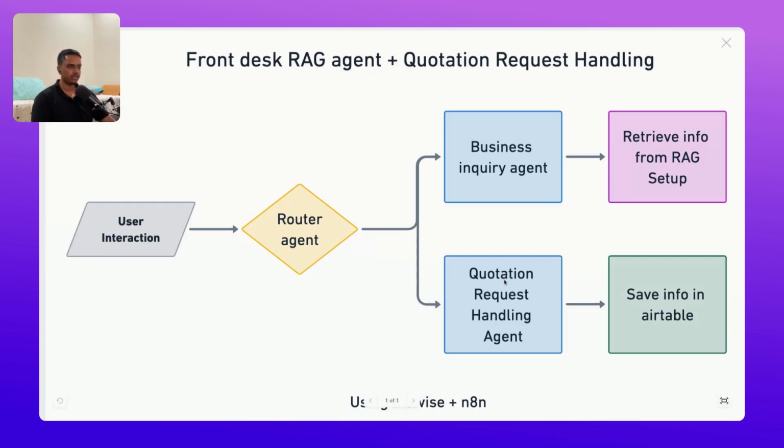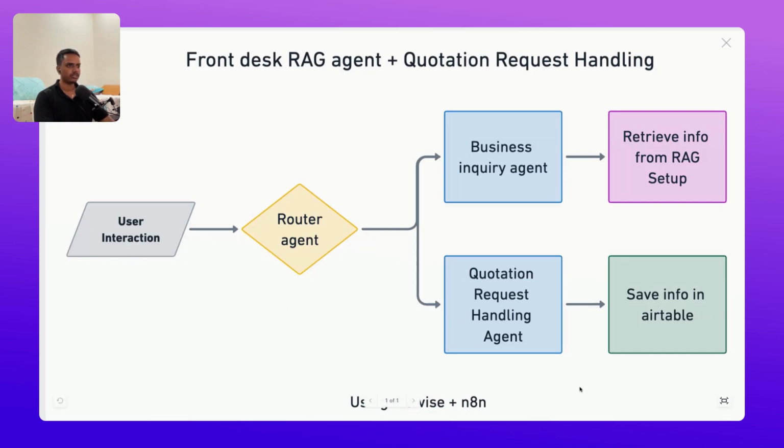It's also able to handle quotation requests, meaning you might have seen on some websites where they have a form which you can fill up, and then they'll send you the quotation of whatever service they're offering, right? So this is that part, which is connected to a tool which sends all the data gathered to Airtable so that it's stored somewhere and salespeople, or any other department from the company, can take it from there.